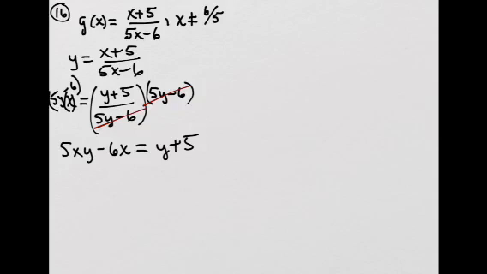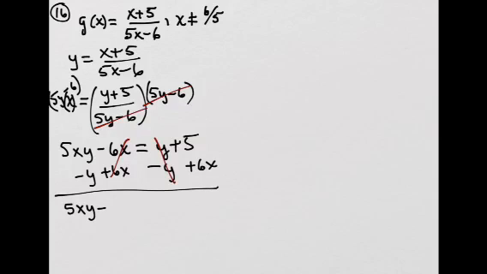So I'm going to subtract y from both sides and add 6x to both sides. By doing that, this becomes 0, this becomes 0, and then you have 5xy minus y equals 6x plus 5.